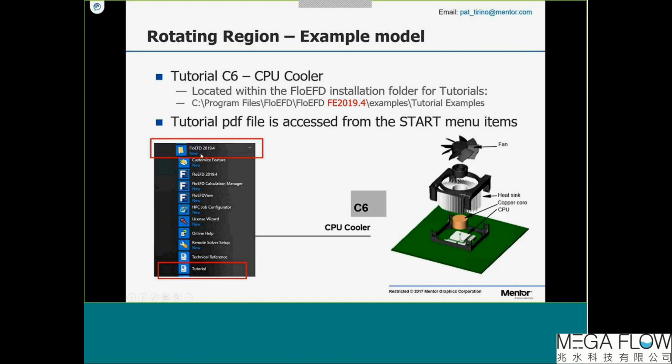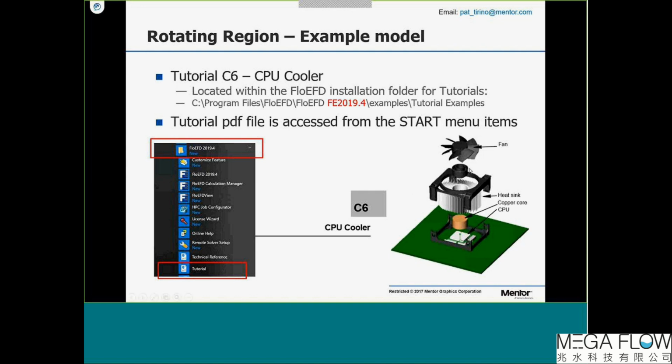The PDF file is accessible from the Start menu items under your FloEFD folder item, just tutorial PDF. It is a PDF file in the installation folders as well. You can search for it. It's not the same folder as the example model, but it's one of the installation folders. Just do a search for it and you'll find it. It's in an English language folder, something to that extent.